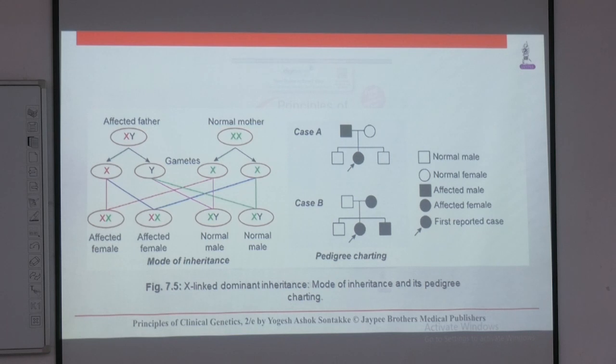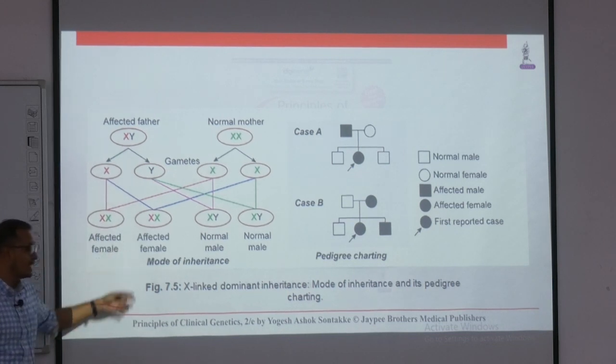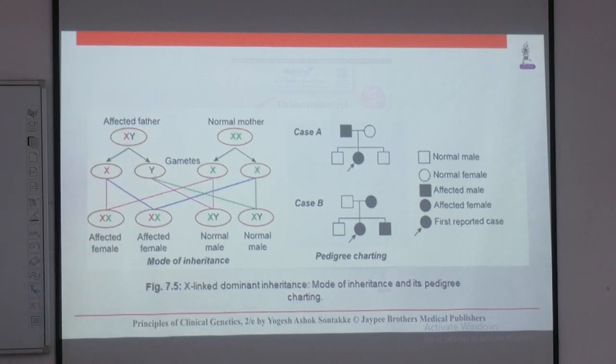This is a kind of pedigree we call in X-linked dominant disorders, where the diseased father transmits the disease to all the daughters and gives no disease whatsoever to the sons or male children.